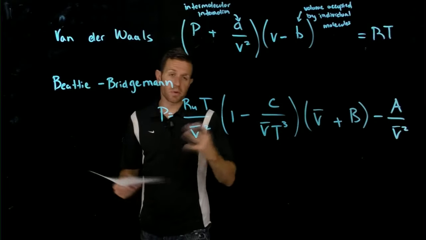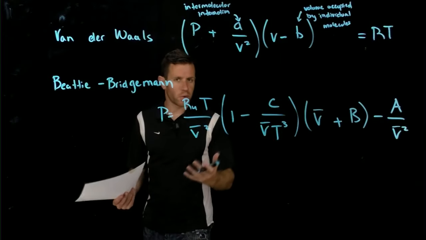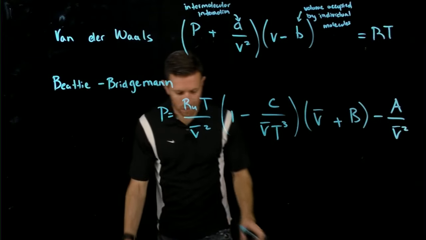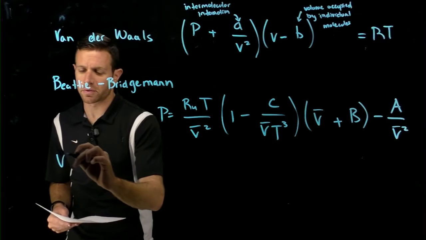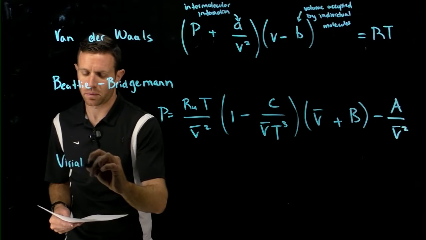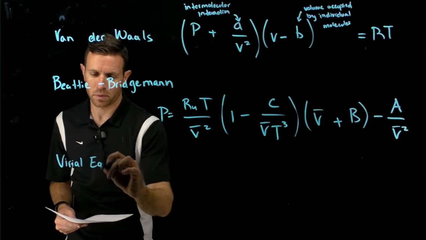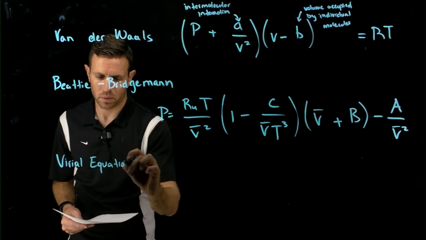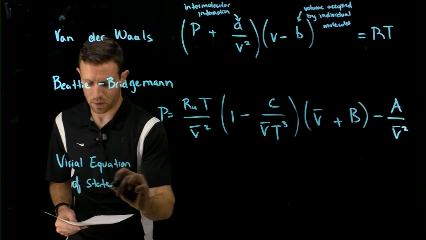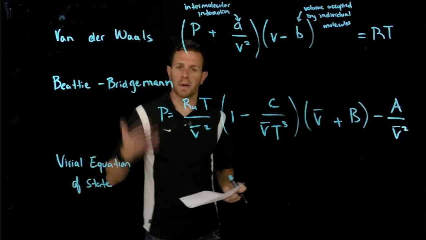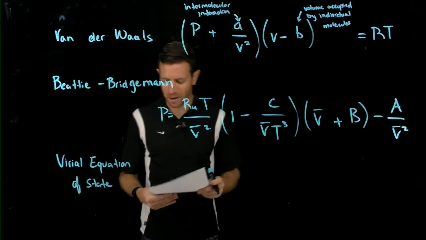And then finally, I mean, there are many equations of state. We don't have time to talk about them all. But finally, I want to mention the virial equation of state. And virial is not named after a person.